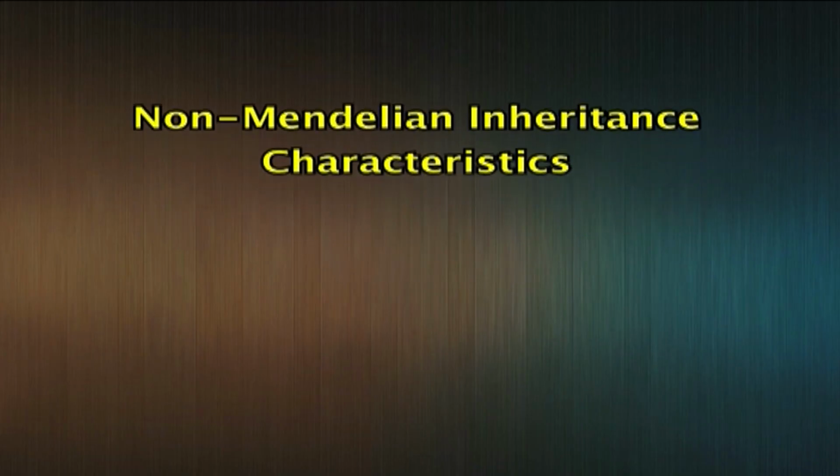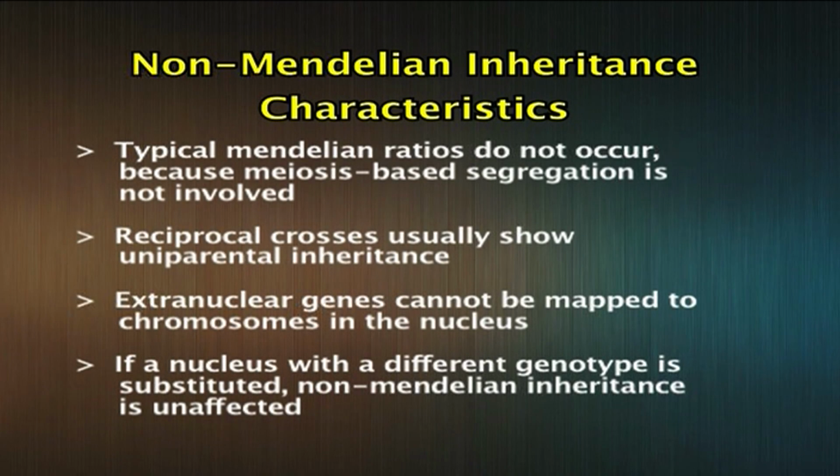Number first, typical Mendelian ratios do not occur because meiosis-based segregation is not involved. Number second, reciprocal crosses usually show uniparental inheritance. Number third, extranuclear genes cannot be mapped to chromosomes in the nucleus. And number fourth, if a nucleus with a different genotype is substituted, non-Mendelian inheritance is unaffected.